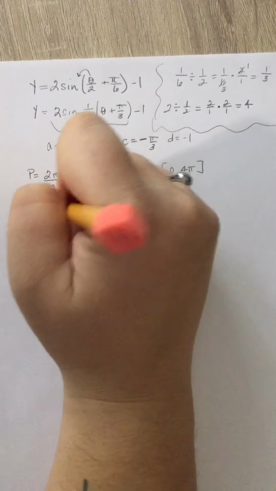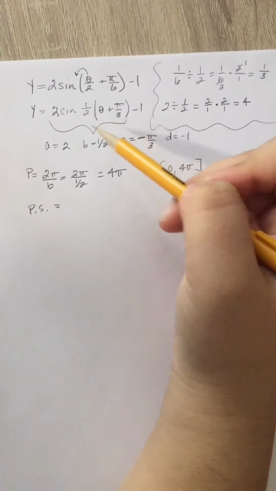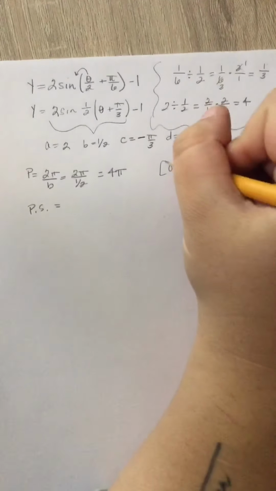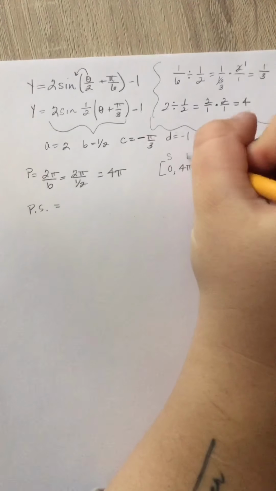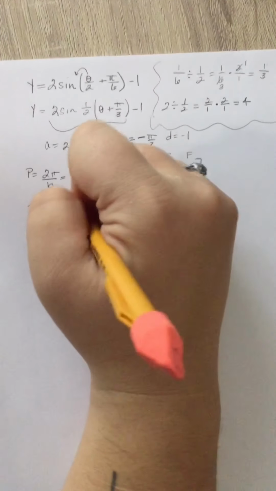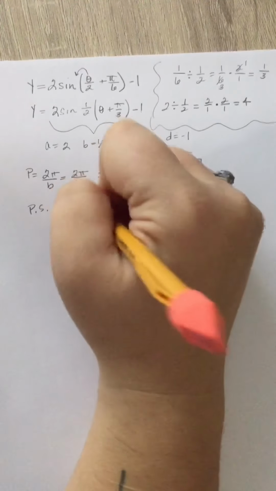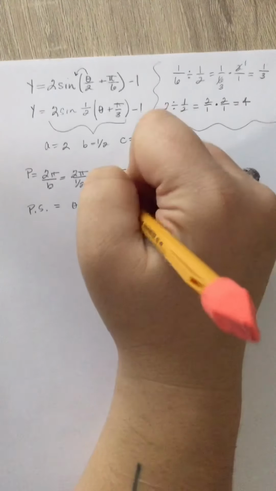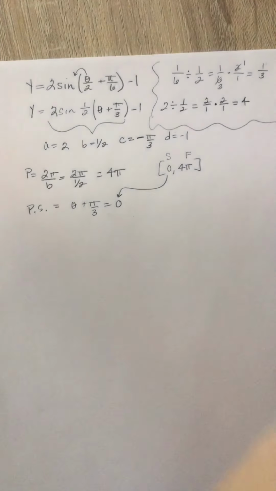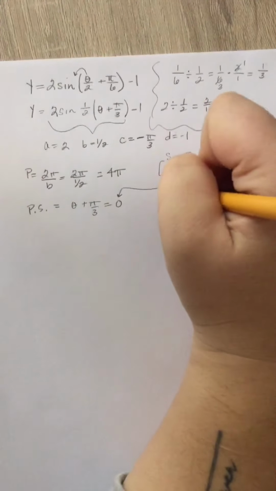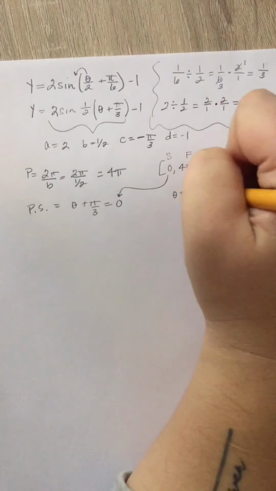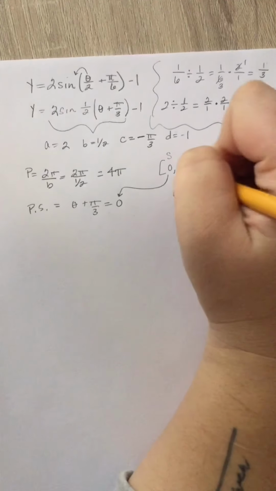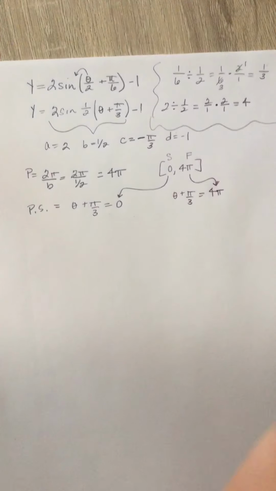You're going to take whatever is in your parentheses and set it equal to what would have been your start point and what would have been your finish point. So we're going to take theta plus pi over 3 and set it equal to 0. Then we're going to take theta plus pi over 3 equal to 4 pi. That would have been our endpoint. Think about it this way.